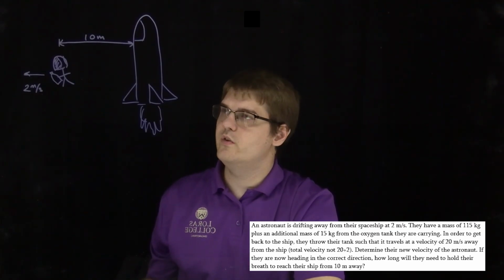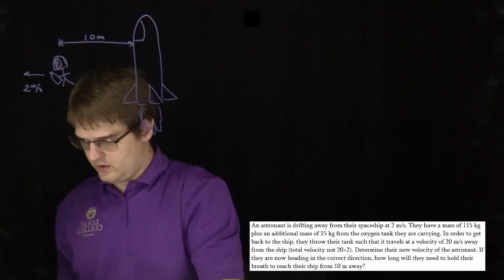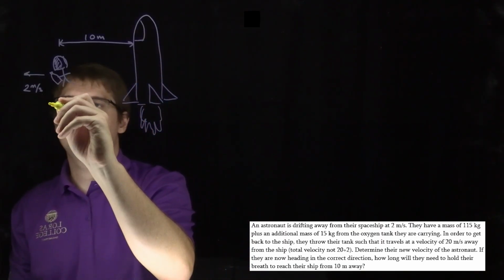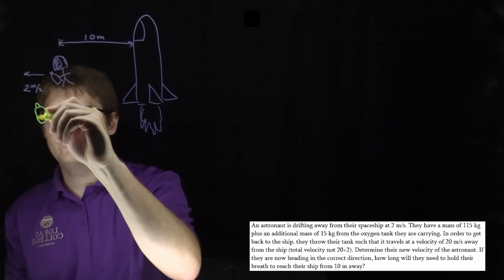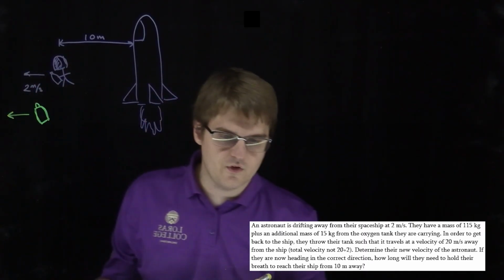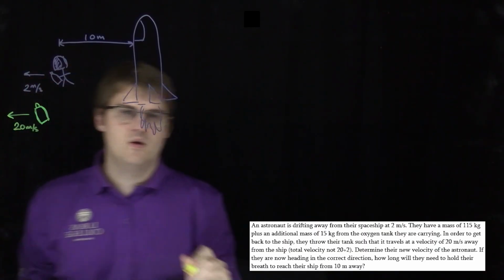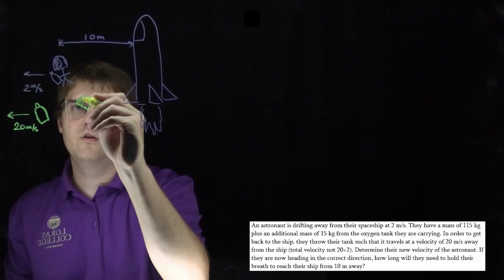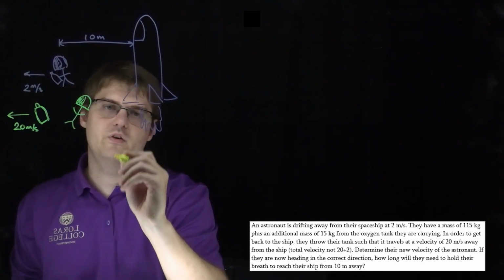So what he's going to do is he's going to take this can. He's going to throw it such that the can of air, he's going to hold his breath and hope that this can of air, by throwing it such that its new velocity is 20 meters per second, will allow him to float backwards towards his ship.